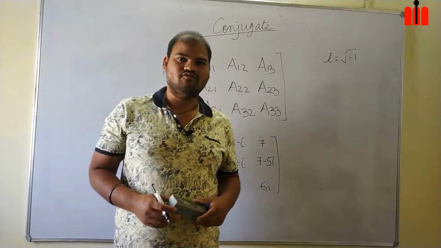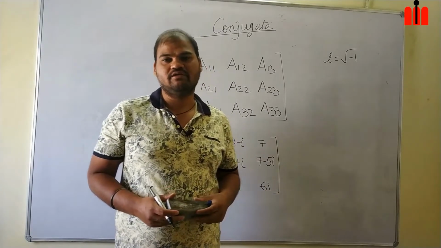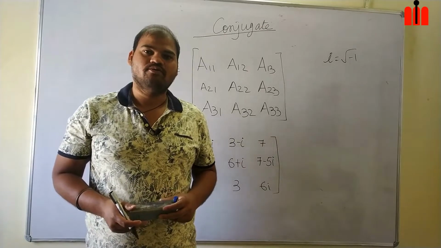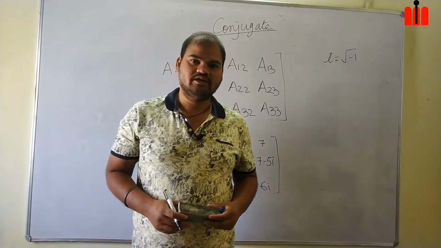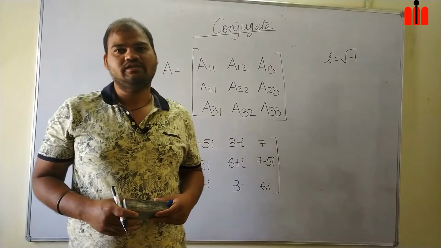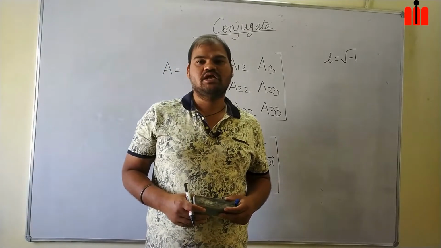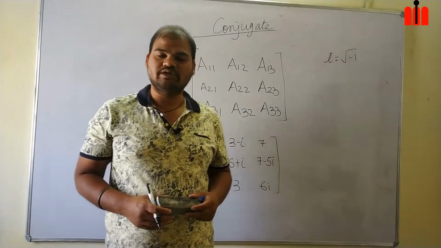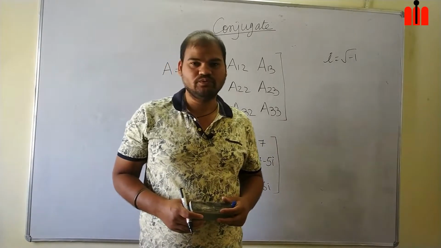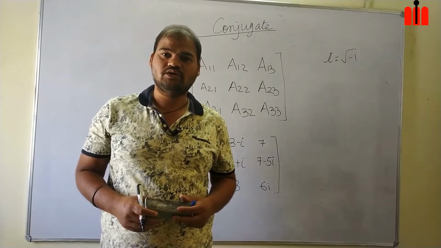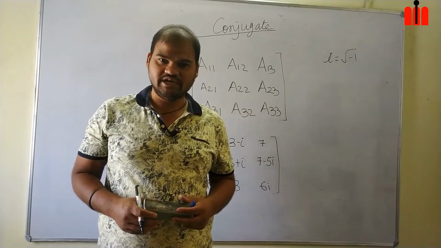Once we move further, we learn how a negative number can be represented. For example, -2 can be represented as -1 into 2. So 2 is positive, and it can be represented in a root.